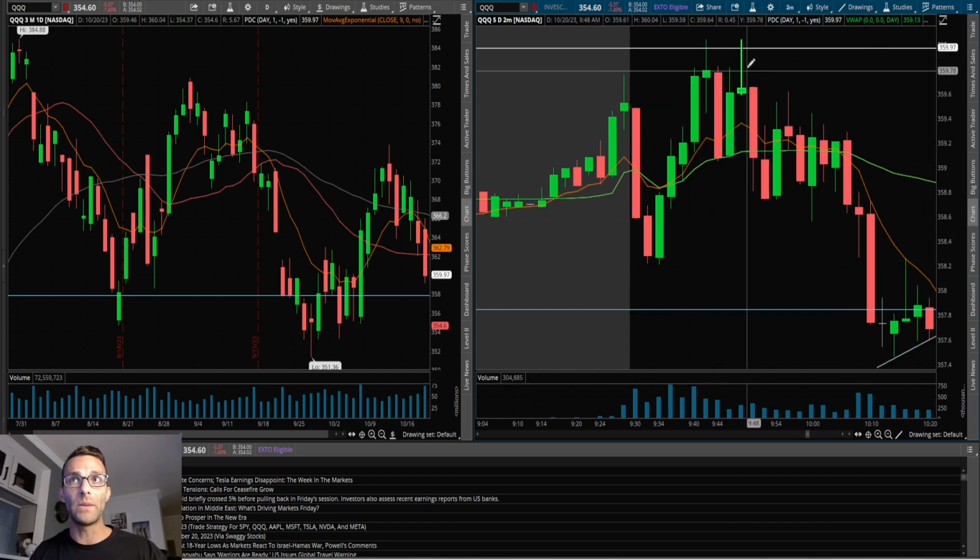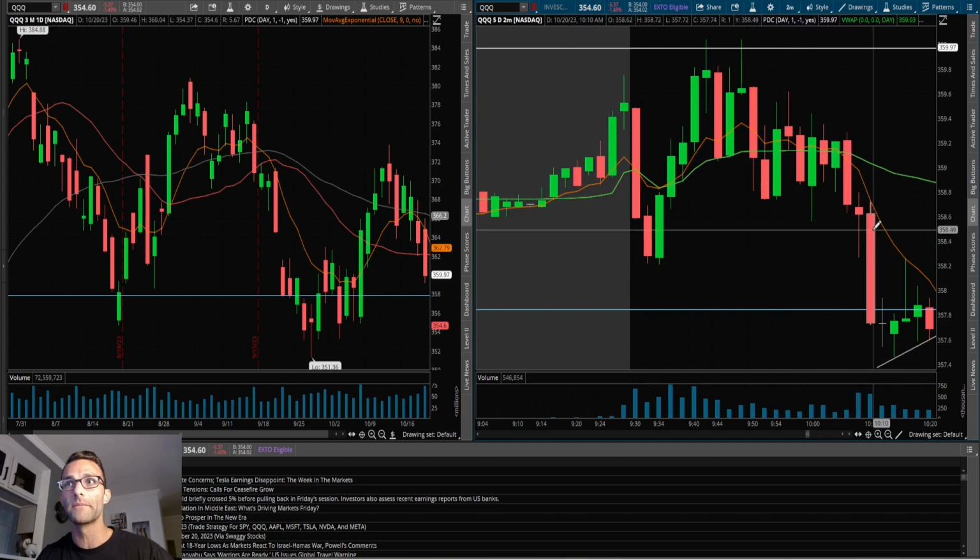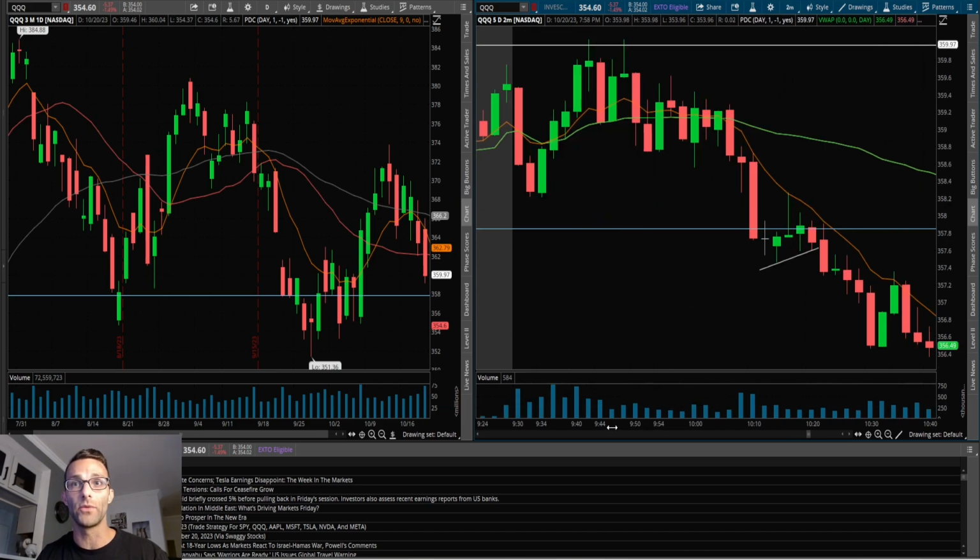Maybe you got some people long offsides. Now they're underwater as price starts to move lower. Breaks the technical level, one of my favorite technical levels that I like to trade around, pre-market low. Breaks pre-market low, has some consolidation, retests it, fails to move higher, still under the 9 EMA, and forming the bear flag. That's a quality setup. And then we get some nice follow through to the downside.